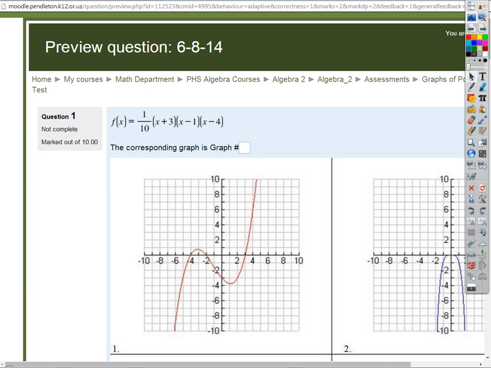Okay, so a couple things about this. We talked about this earlier. You might remember what we said was if we can find the zeros of a polynomial, these are already factored, so that'd be easy to do, right? If we can find the zeros of the polynomial, those correspond to x-intercepts. And then all we'd have to do is test x values between the x-intercepts and outside of them.